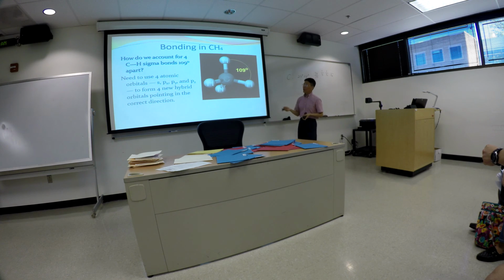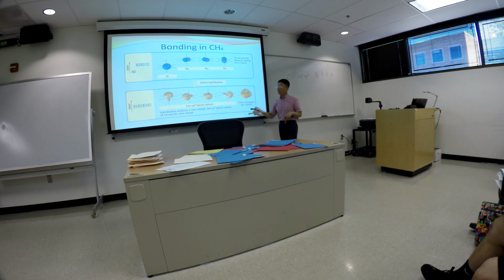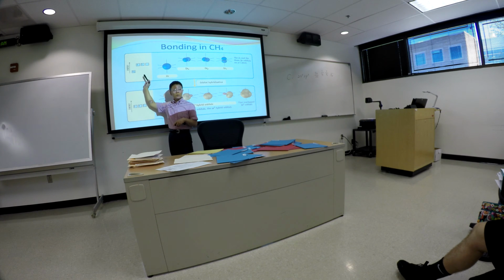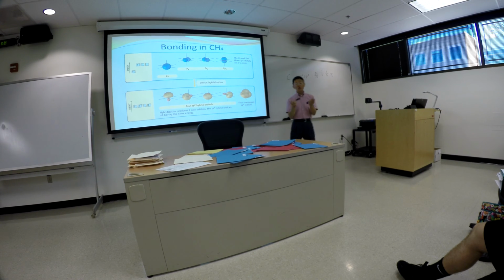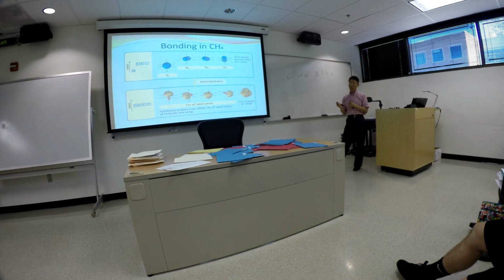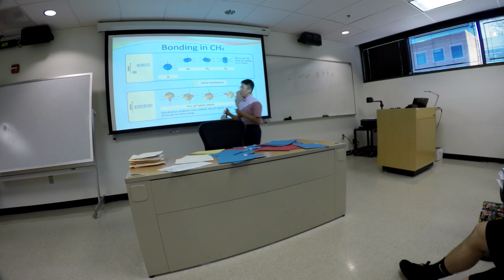If you look at the old versus the new orbital hybridization theory, this is what happens in the old theory, where we have electrons distributed like this. This is after the hybridization. You have a new set of hybrid orbitals, where each orbital has 1 electron in it.